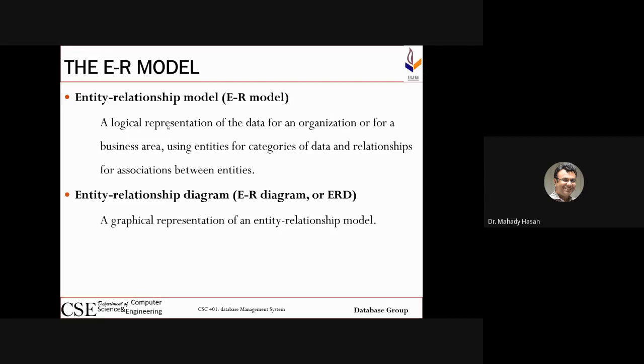So entity could be, as you can see, a business area using entities for categorizing the data, and the relationship is basically association in between the entities. So entity is something belonging to the business area for which we are storing the information, and relationship is the association between the entities.